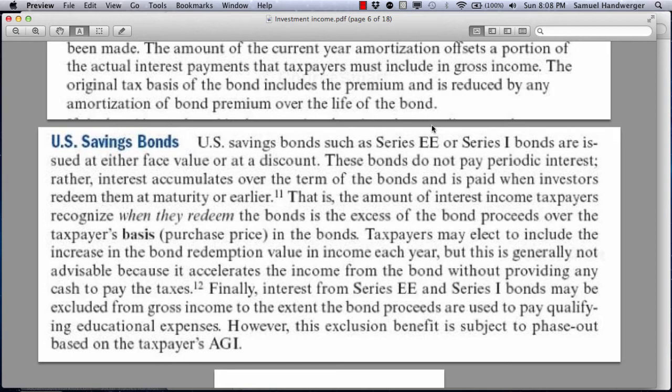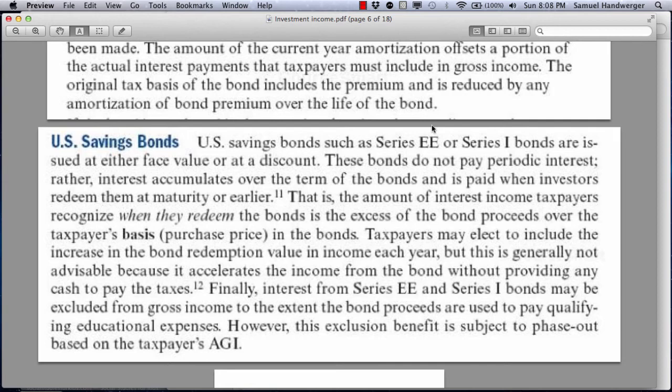But the election to say, oh, I'd like to include the original issue discount, so to speak, each year, that's an election. So the key is you have to decide early on when you first buy the bond, which way do you want to do?